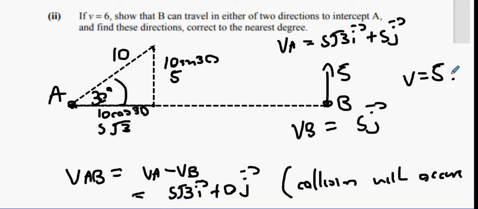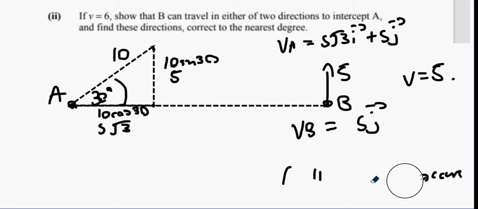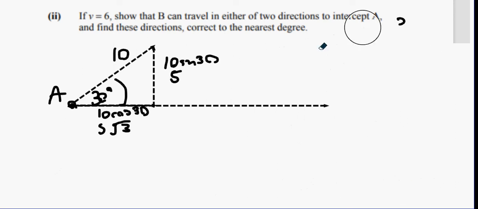Okay. Now let's drive on next. We're going to go for if V actually equals 6. So the fact that V equals 6 means you can afford to run with 2 different things, alright?